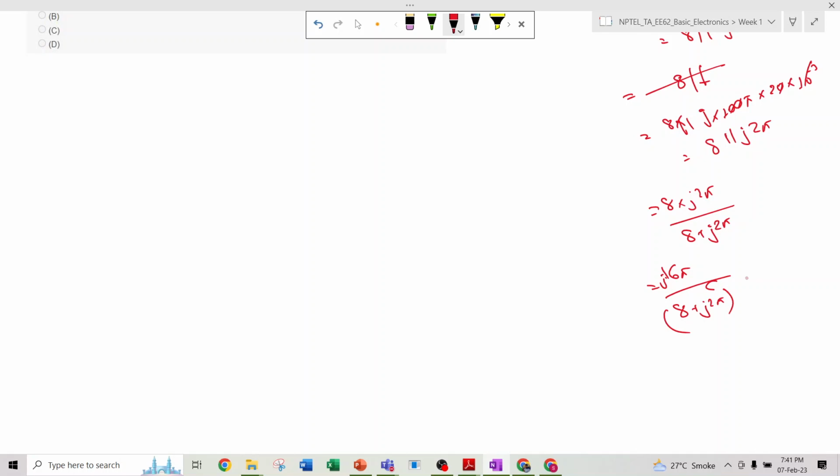So we multiply with the complex conjugate, that is 8 minus j 2 pi, in both numerator and denominator.